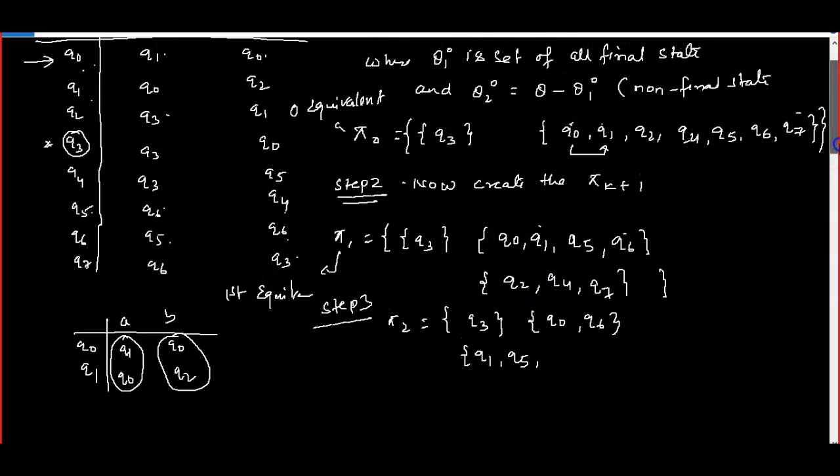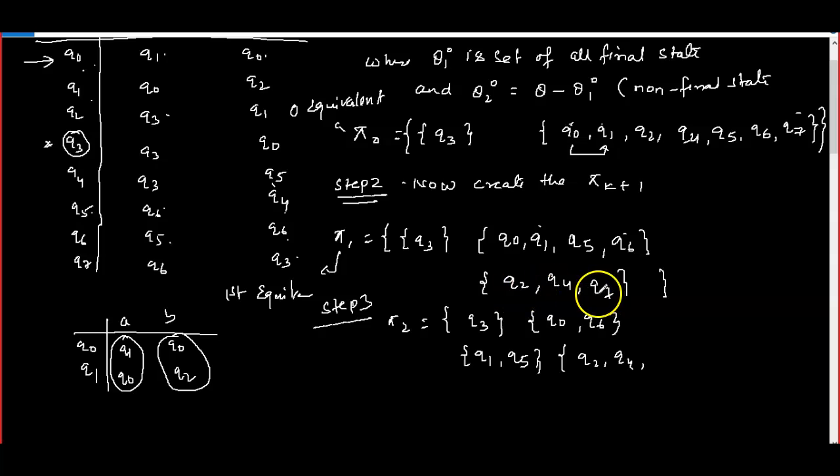Q2 and Q4. Q2 and Q4, Q3 is in the same set. Q3 is there, and here Q5 and Q1 are also in the same set, together. Getting it? So Q2 and Q4 will be together.